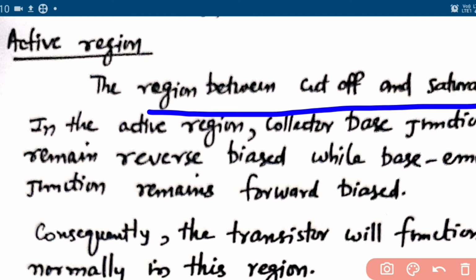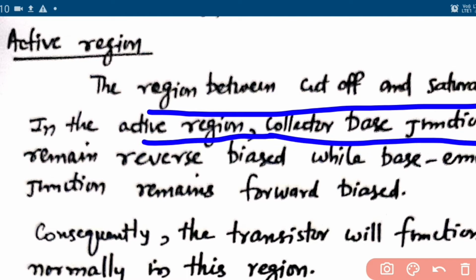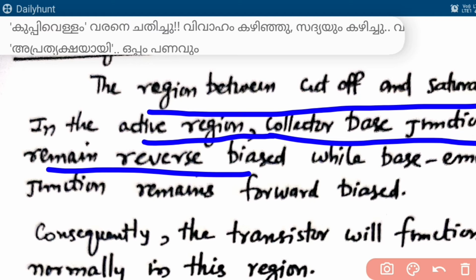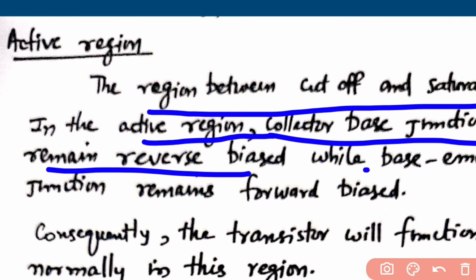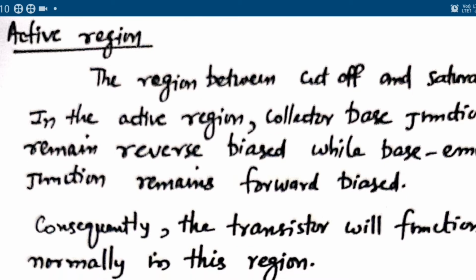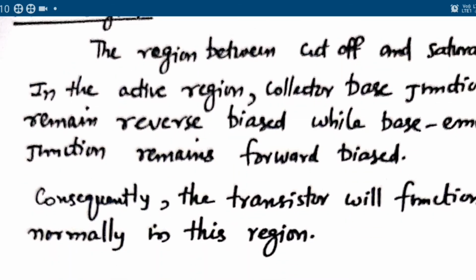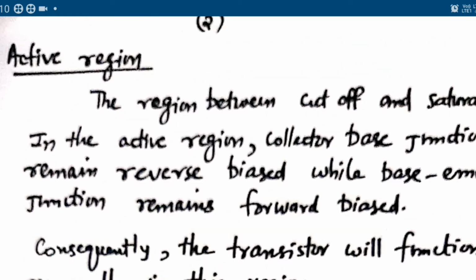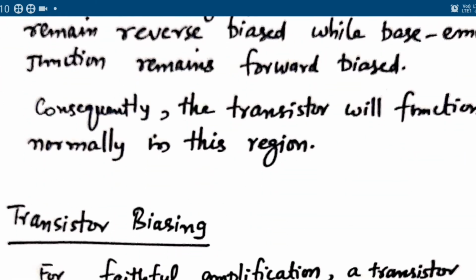Okay, we know in the active region, as we said earlier, the collector base junction is reverse biased, while the base emitter junction remains forward biased. Okay, so the active region is the region between cutoff and saturation. There, the transistor is properly biased. Okay, so the transistor will function normally in this region.